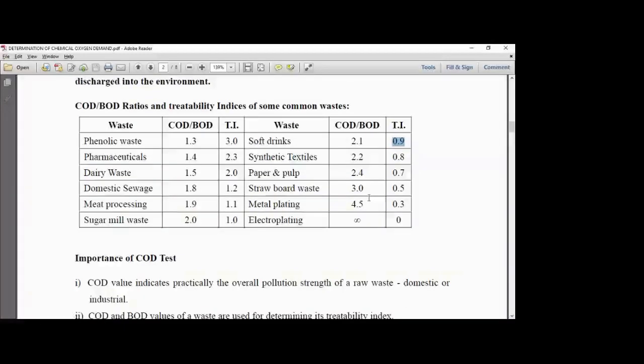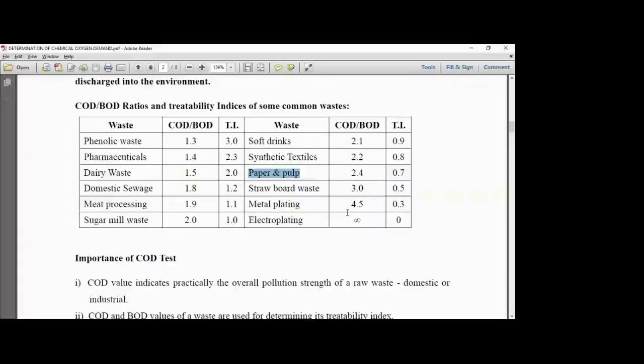Right? So paper and pulp industry also, though paper and pulp is an organic substance, the treatability index is 0.7 because we require a lot of chemicals. Basically, we require a huge concentration of hydrogen sulfide, that is the sulfur that is used in paper and pulp to get a white texture for that particular paper.